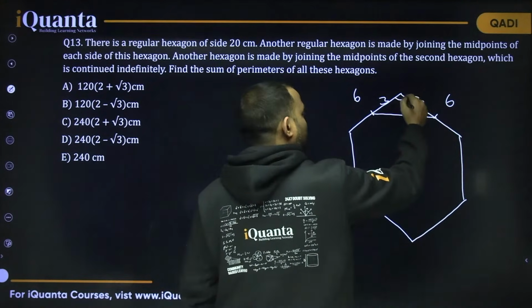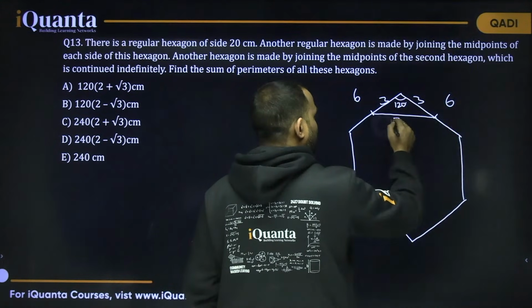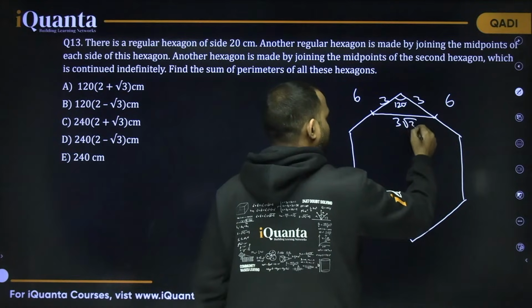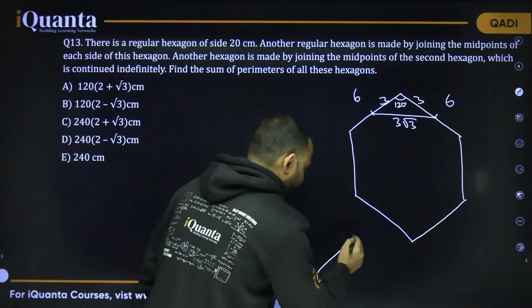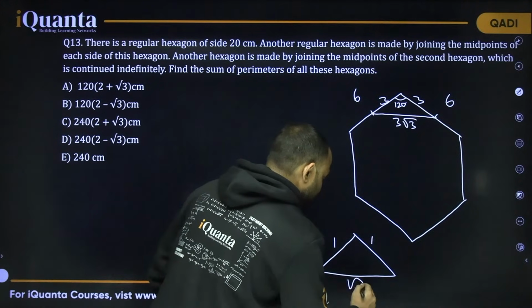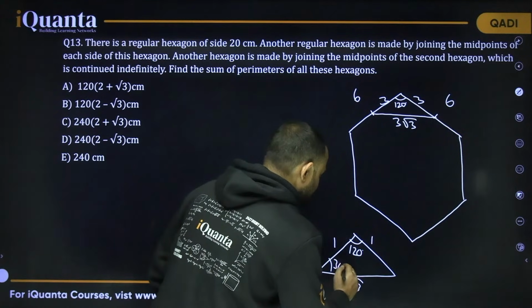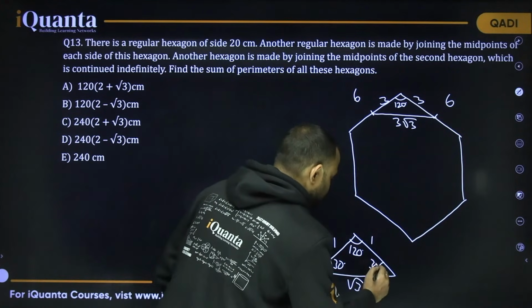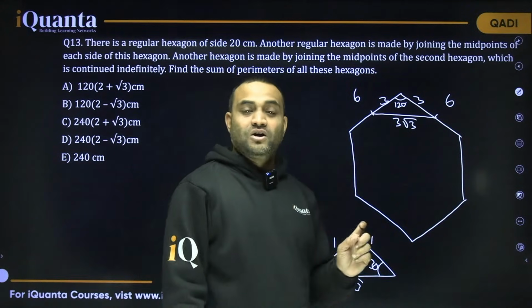This angle is 120 degree, so this will become 3 root 3. As we have learned in the last class, in a 120, 30, 30 degrees triangle, if this is 1, this is 1, this will become root 3. If this angle is 120, this angle is 30, and this angle as well is 30. So root 3 will be the side of the next one.